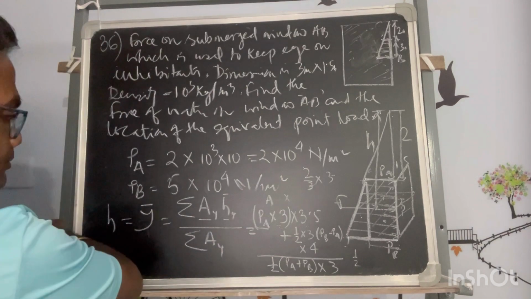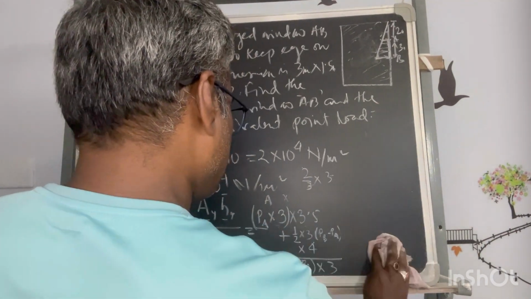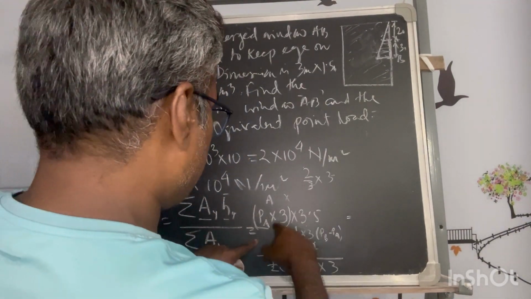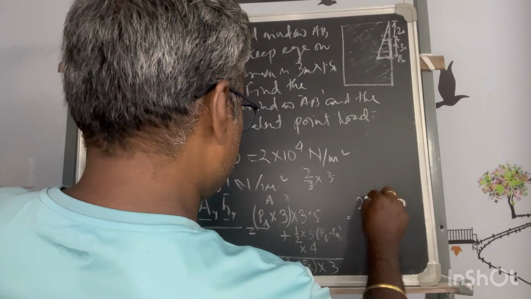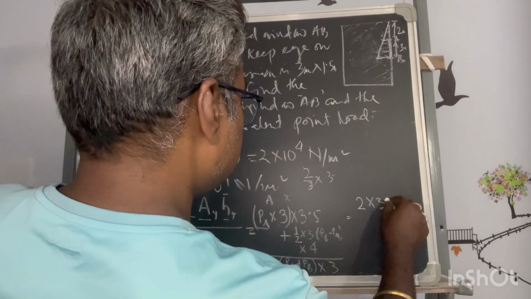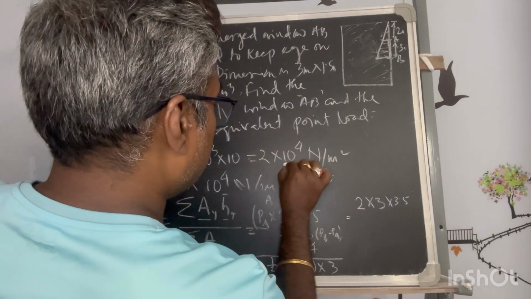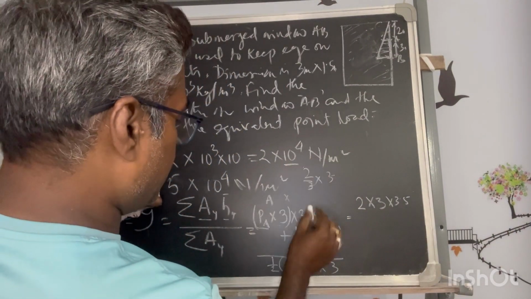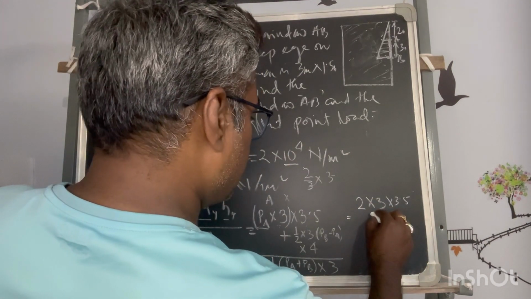So now if we calculate, PA is equal to 2 into 3 into 3.5. I will keep it somewhere outside, because from top and bottom it will be cancelled, so I am not taking it into consideration.